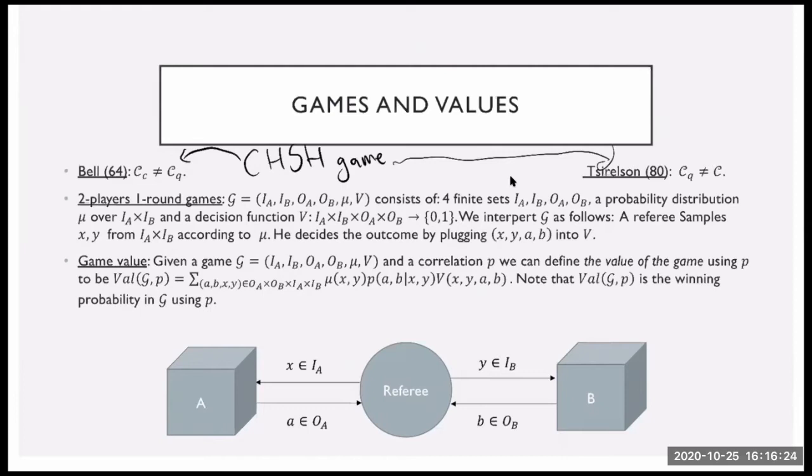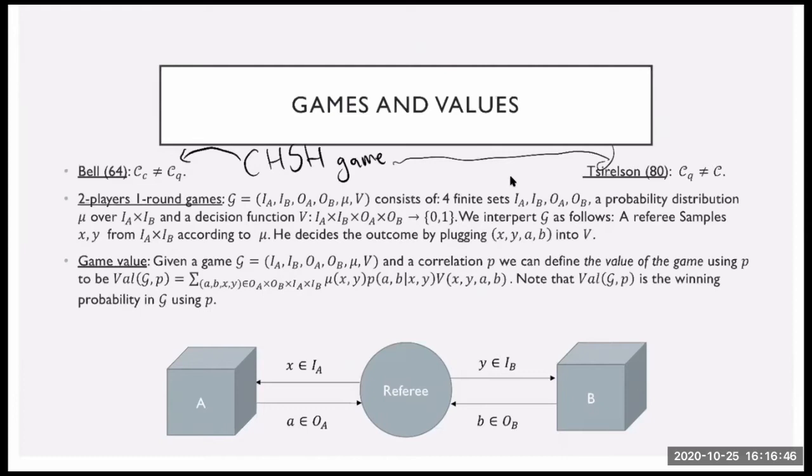So what is a game value? I saw that there were questions about this point before. Notice that the value of a game depends on two inputs. You need to have a game and a correlation. The value of the game is just the probability of winning this game if you use this correlation. This is what val(G,P) means.